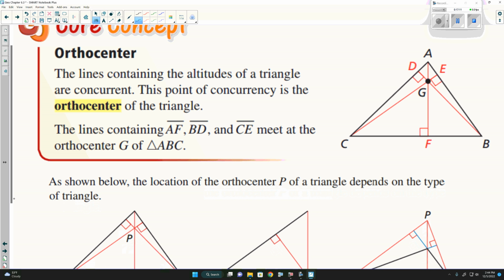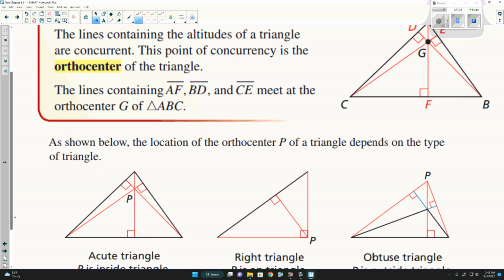Now we also have one more called the orthocenter. The lines containing the altitudes of a triangle are concurrent. This point of concurrency is the orthocenter, or where they intersect. So if we take the three altitudes and draw them in, their point of intersection is the orthocenter.